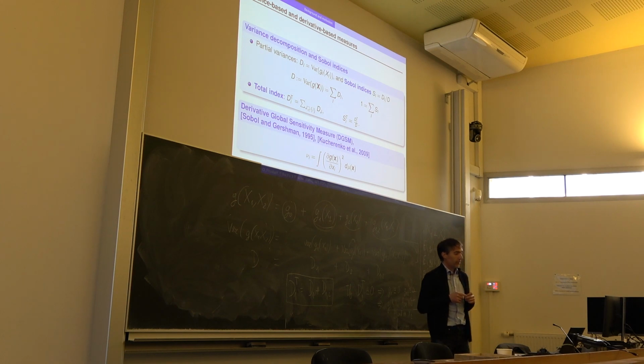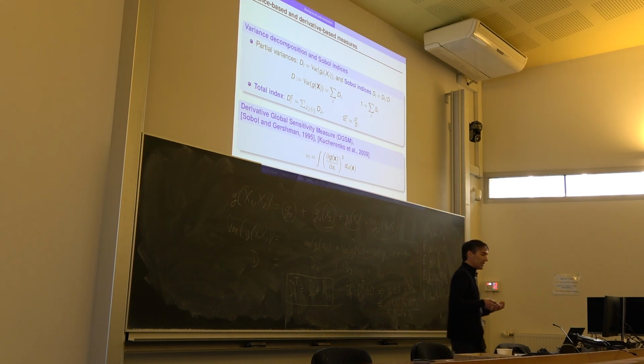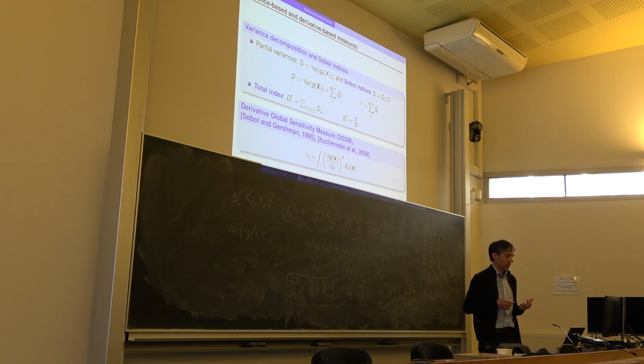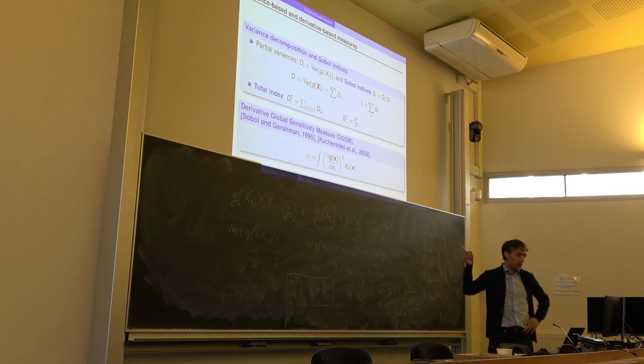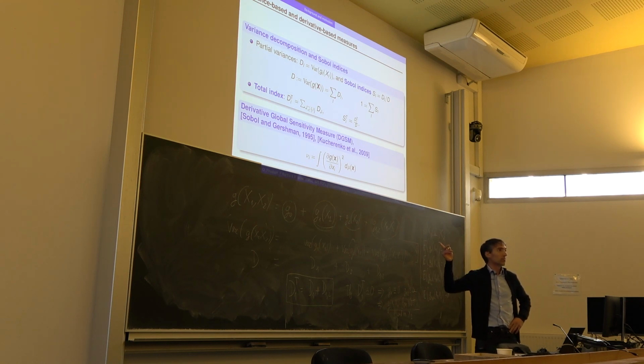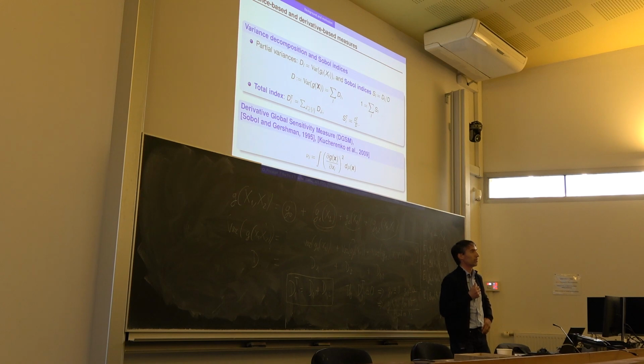And again, if this index called DGSM, for derivative global sensitivity measure, if nu i is 0, then the integral of the square is 0. So again, it means that your partial derivative then is 0. So it means that G does not depend on xi again. So you have this property, which is true. So you have a second criterion.